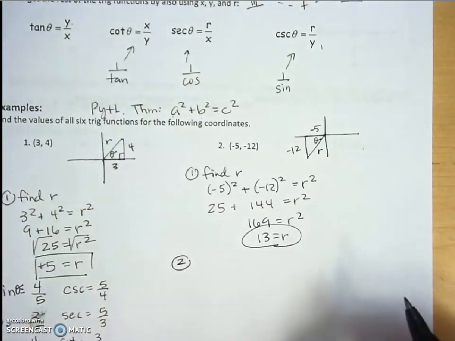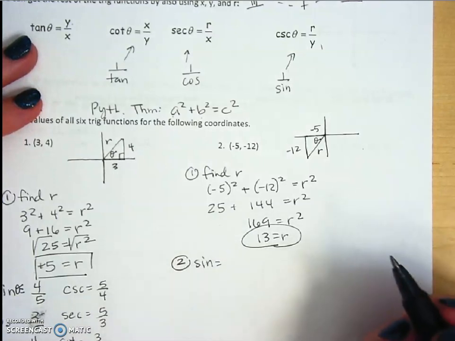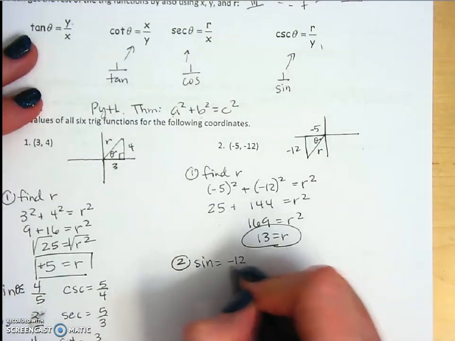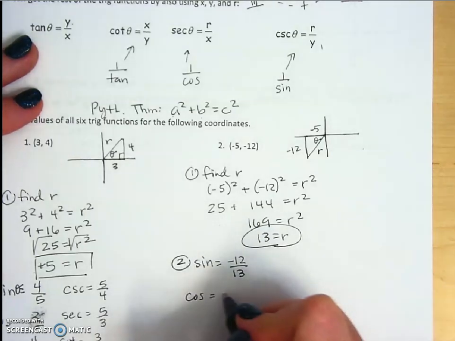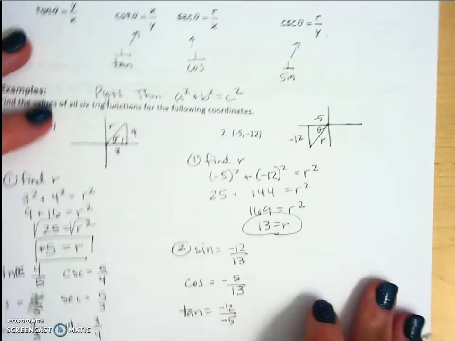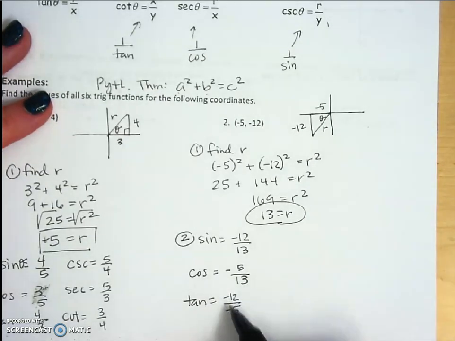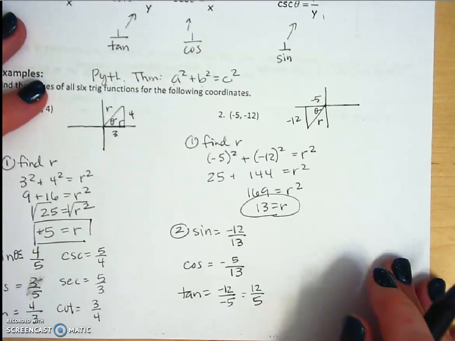So then we find our trig ratios. Sine of theta is y over r, which is -12/13. Cosine theta is x over r, or -5/13. Tangent is y over x, which is -12/-5. And notice this is a negative divided by a negative, which simplifies to a positive 12/5.